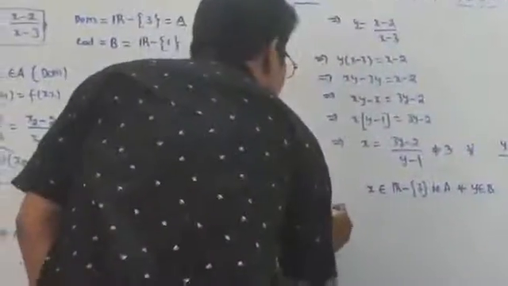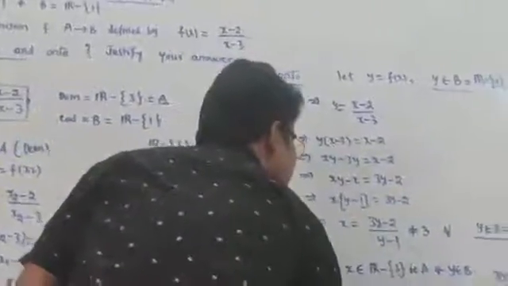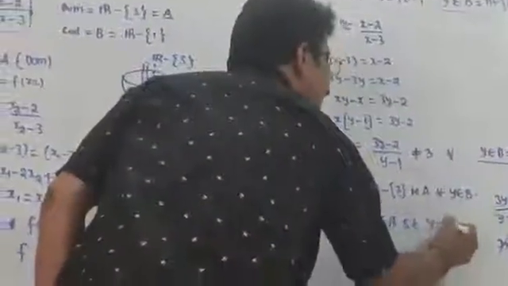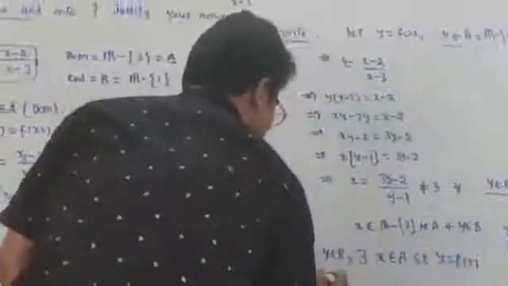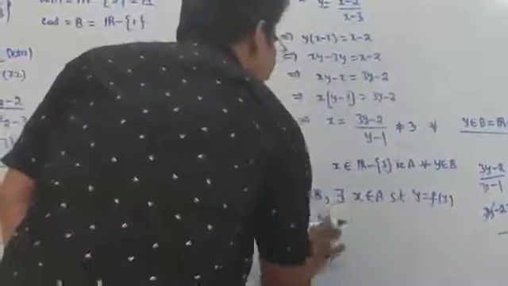So that is capital A for all y belonging to capital B. Therefore, for all y belonging to capital B, there exists x belonging to capital A so that y is equal to f of x. Hence f is an onto function.